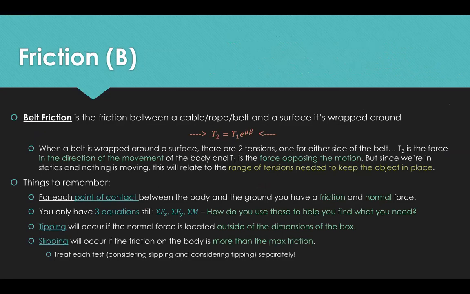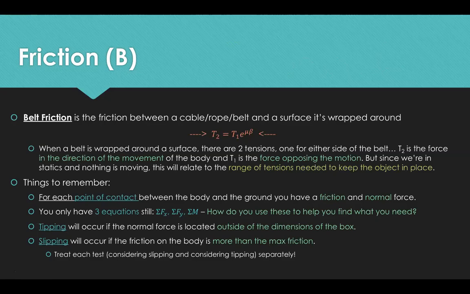Mm-hmm. And the important thing is that you treat each test separately. So whatever perpendicular distance you find in this equation, you don't use in this analysis, right? So each one has to be 100% separate from each other because you're testing two very separate conditions. And that becomes super important if the question is saying something like, find whether the box is slipping or tipping first, right?